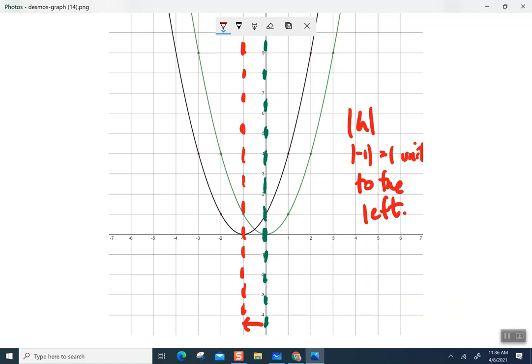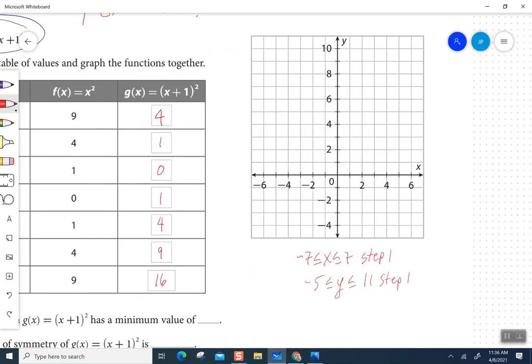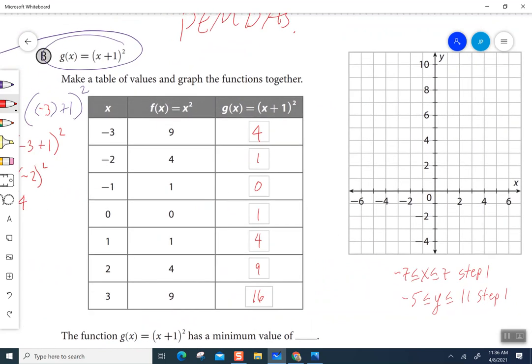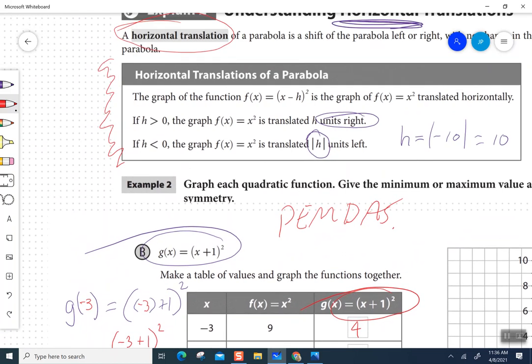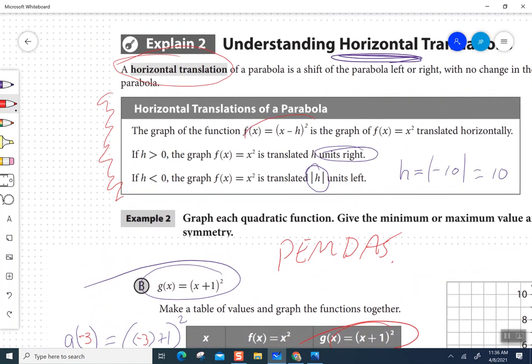Now, here comes the hard part for some people to understand. If you go back to the original equation and you look at what we were working, it looks like it says 1 unit to the right. But in order to understand how the formula works, notice the formula has a negative built into it. That is not by mistake.